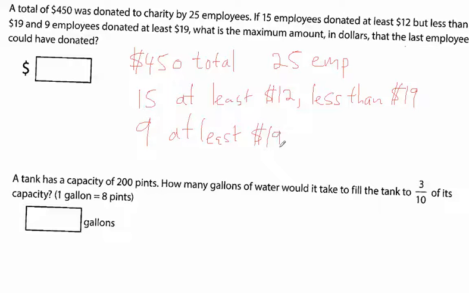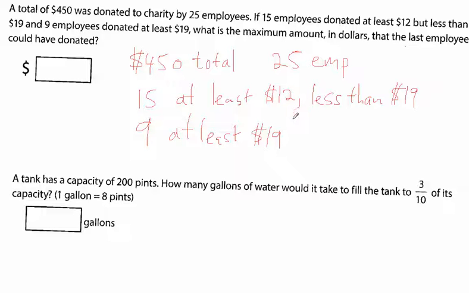Then the question is, what is the maximum amount in dollars that the last employee could have donated? When you're attacking a question like this, the first thing to do is read the question carefully and figure out how to go about attacking it.